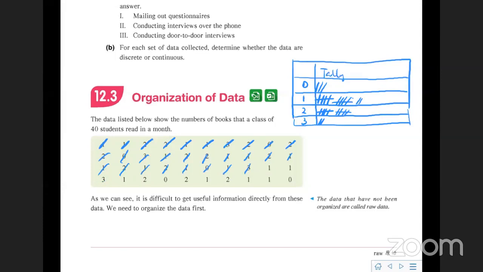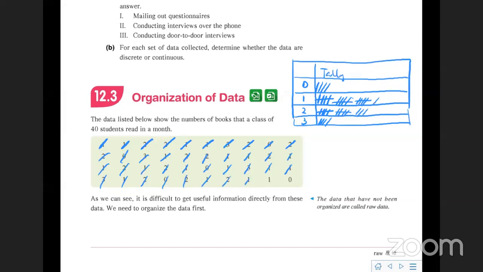But because this one is just an example, sometimes when we really do a statistical survey, we may collect more than 40 data. That's why if you just do it by direct counting, sometimes you may miss a few data.